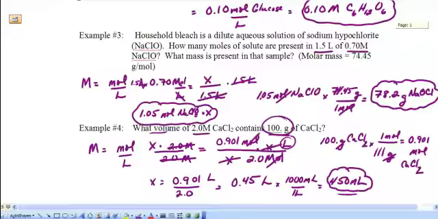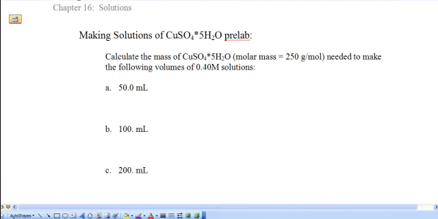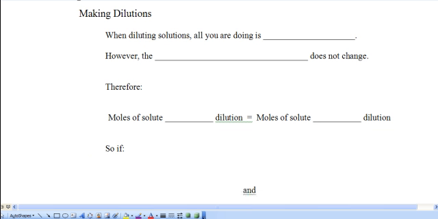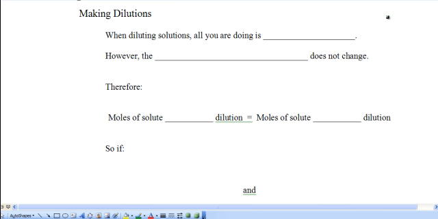Now in class, we'll be taking a look at making solutions of copper sulfate, so we'll do that pre-lab activity in class. Moving on to making dilutions. And let's go ahead and change colors just for the heck of it. Once you make a solution, when you dilute that solution to a new concentration, all you're doing is adding water.